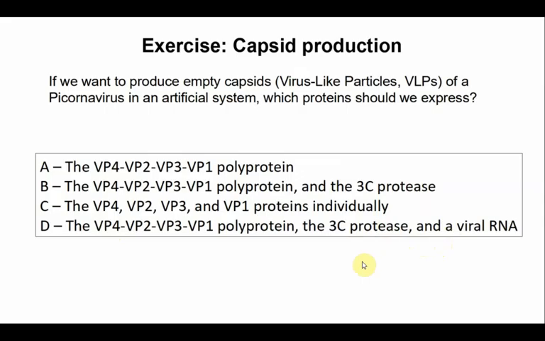Okay, so you can figure out which ones won't work. This one won't work because you need the protease step to cleave them in the process. This one won't work, although I put it in here because I wondered maybe this would work, but probably it will not be efficient because you would have the different proteins being synthesized from different messenger RNAs in your artificial system.